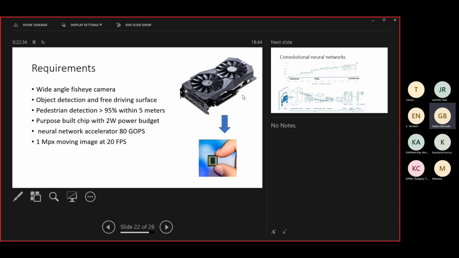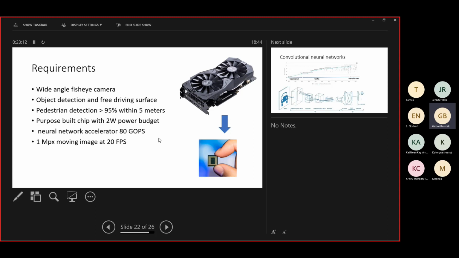In comparison, a GPU, which is often used for training and running neural networks, is 250 watts, 10 to the 12th power instructions per second. This very specialized chip had 80 billion operations per second, and there was a requirement that it has to run at 20 FPS, so that the user at the dashboard of the car sees a moving picture and sees the boxes moving not behind the human, but together with it.